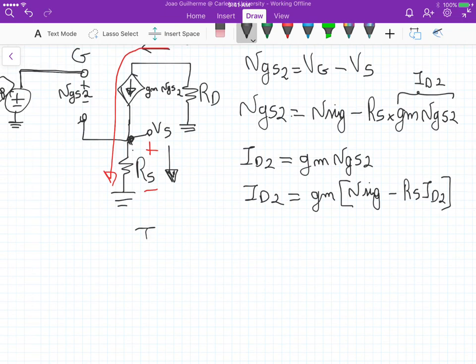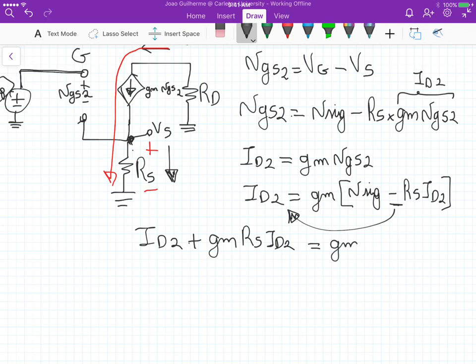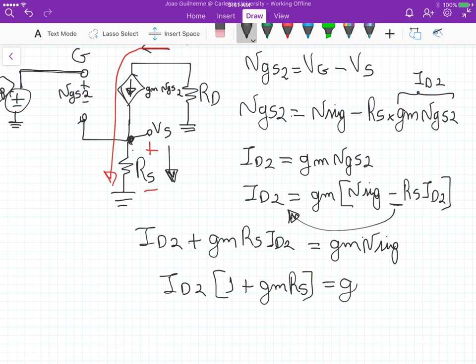So if we isolate ID2, we get ID2 plus gm RS ID2, since it's minus on the right, so it goes to the left-hand side, equals gm times this signal. Factoring ID2, we have 1 plus gm RS, equals gm times this signal.